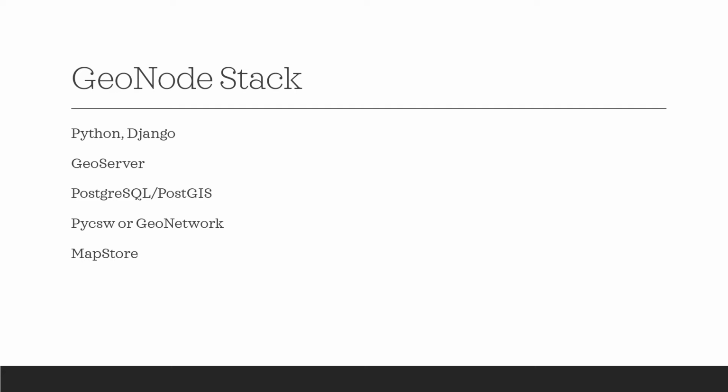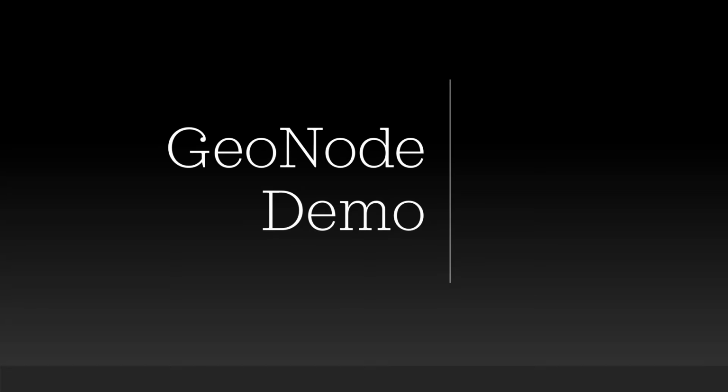The Postgres database with PostGIS extension is used, and for managing the metadata, PyCSW, or we can use GeoNetwork. And for the visualization interface, actually the MapStore framework is used, so that we can visualize our data in a very good manner. I hope you got some of the major information about the Geonode.